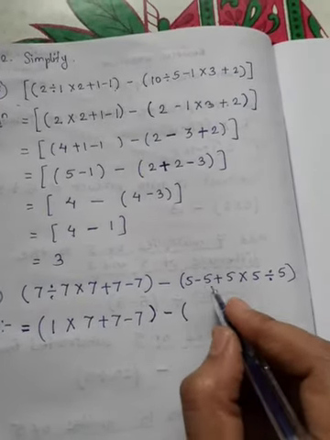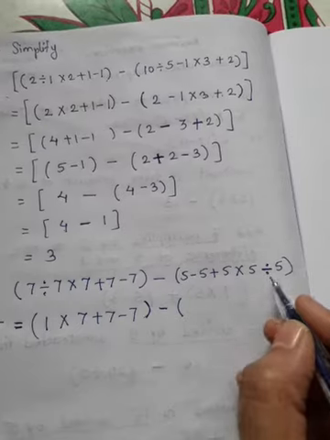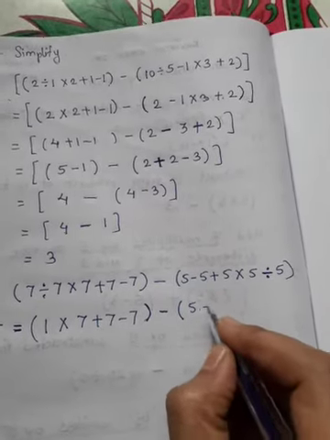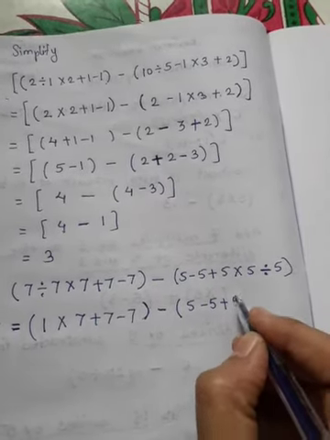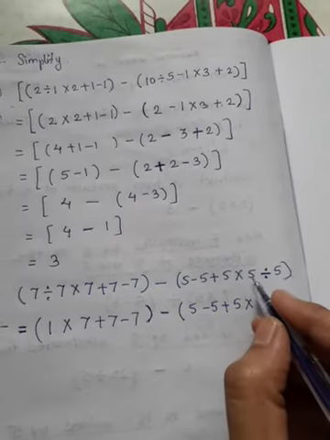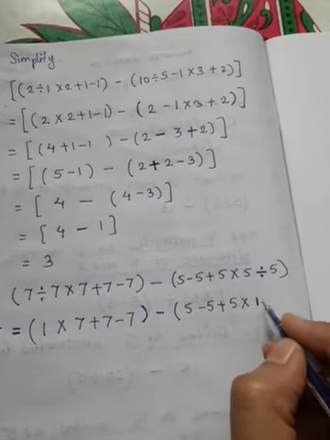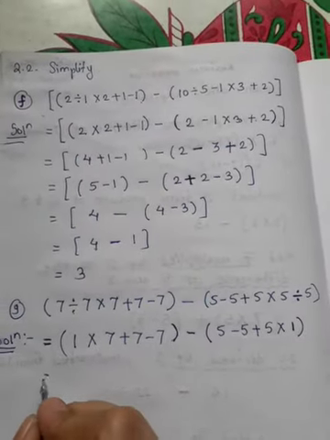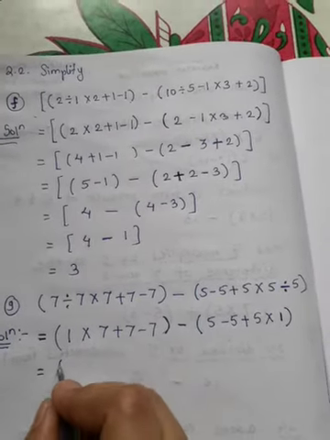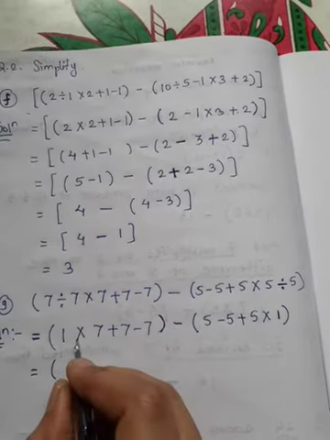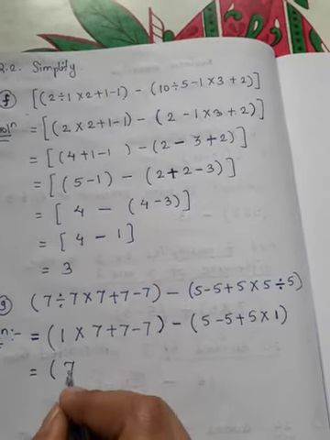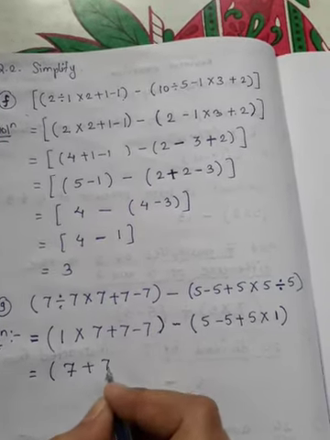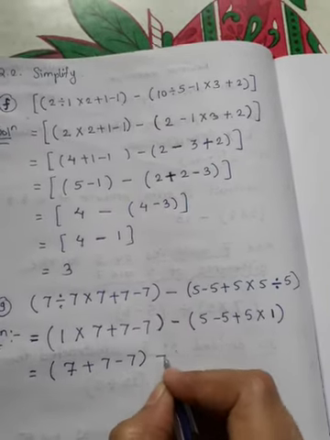In the second round bracket also first do division. So write 5 minus 5 plus 5 into, now 5 divided by 5 is 1. Now in this round bracket we first do multiplication. So 1 into 7 gives you 7. Write the remaining terms as they are, minus.